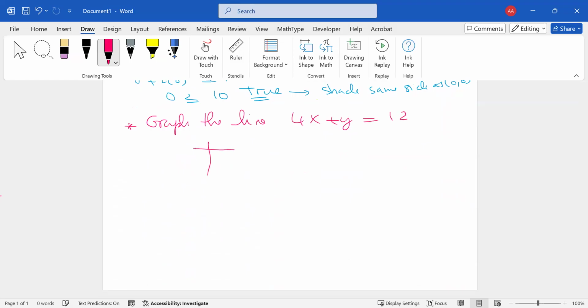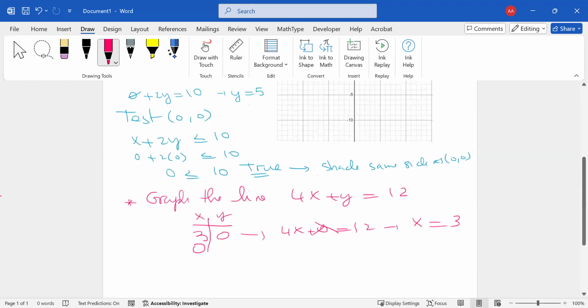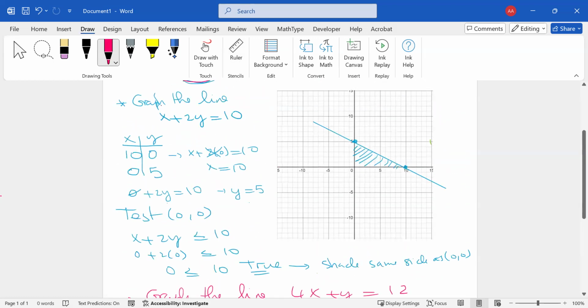Again, we're going to go for the x-intercept and the y-intercept. If y equals 0, we get 4x plus 0 equals 12. The 0 is gone. We divide by 4, we get x equals 3. So we have the point (3, 0) right here, 1, 2, 3, 0.